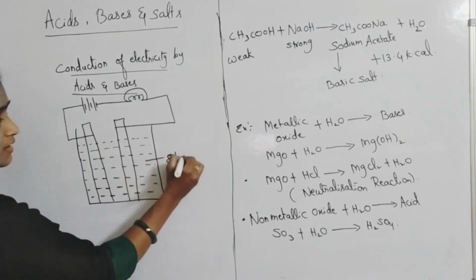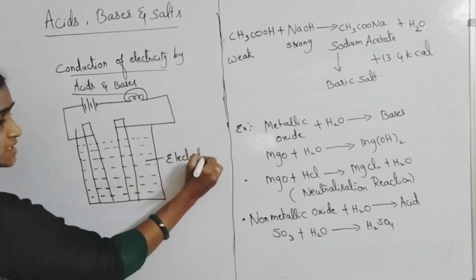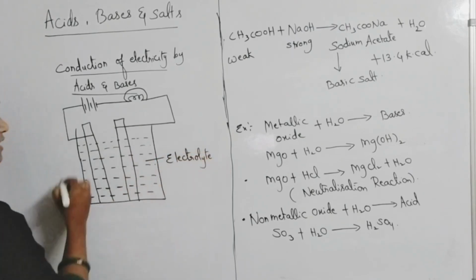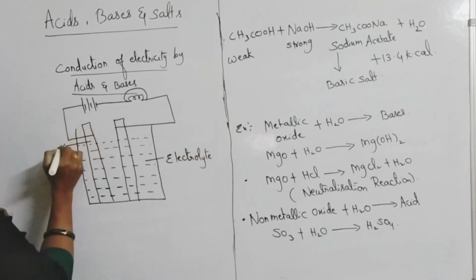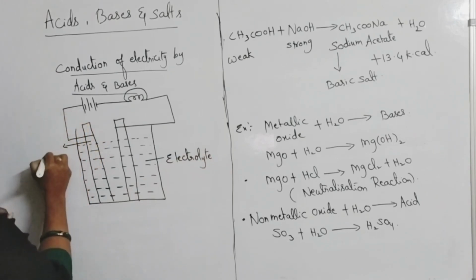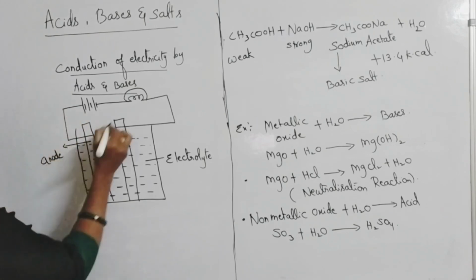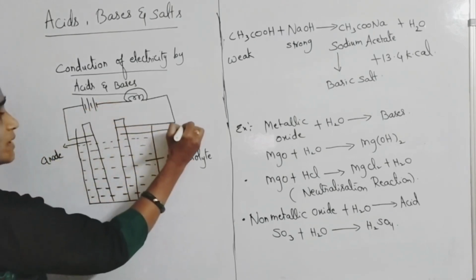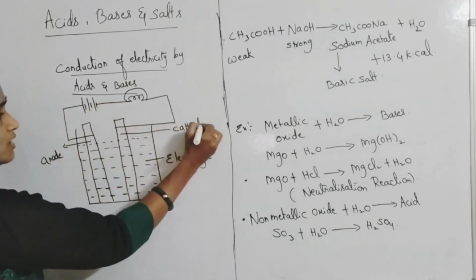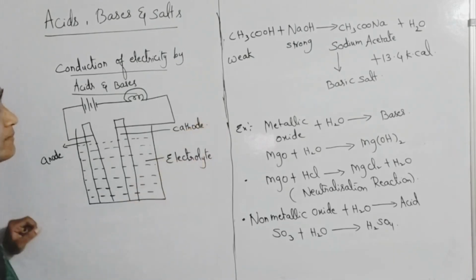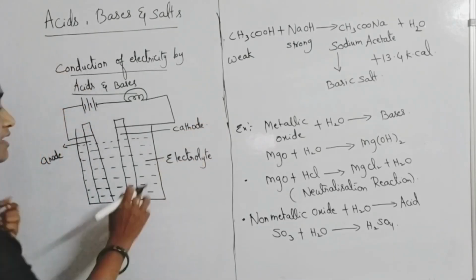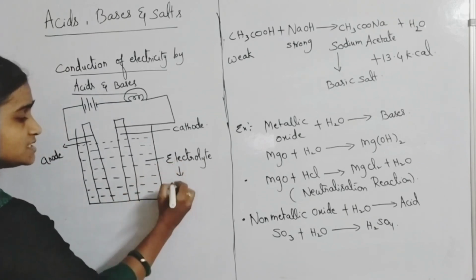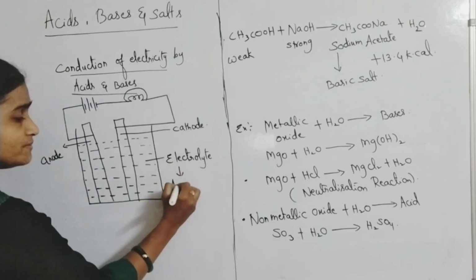This is the electrolytic substance, or electrolyte. The plate connected to the positive terminal of the battery is the anode, and the one connected to the negative terminal is the cathode. These two metal plates serve as electrodes.